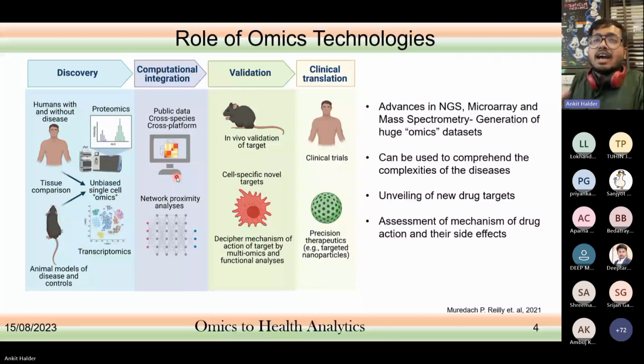All these are helping us to understand the mechanistic cues for a particular disease in different contexts at different levels.